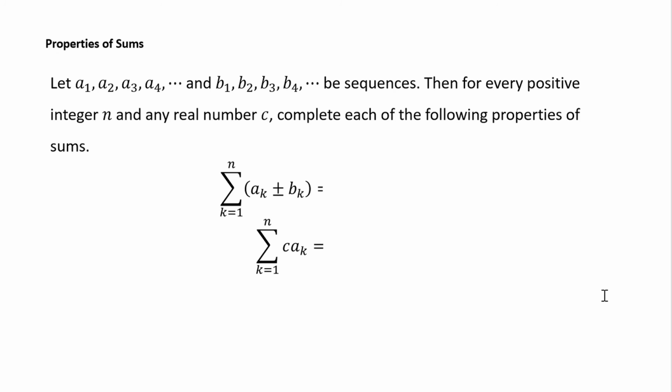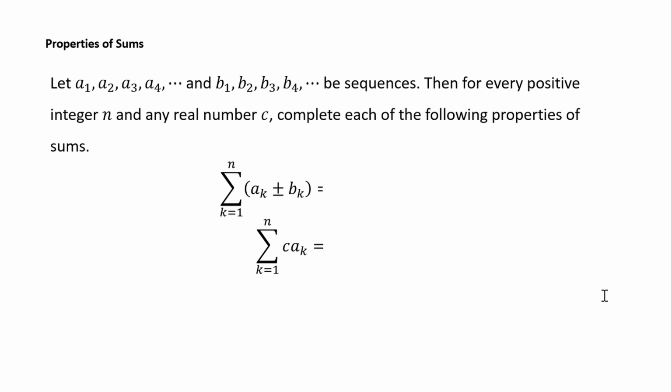Properties of sums. Let a sub 1, a sub 2, a sub 3, a sub 4, ... and b sub 1, b sub 2, b sub 3, b sub 4, ... be sequences. Then for every positive integer n and any real number c, we can complete each of the following properties of sum.